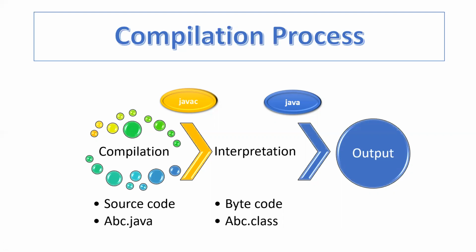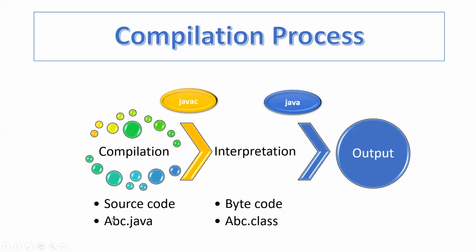When our source code is converted to bytecode, that is compilation, and when your bytecode is interpreted and you get the required result, that means during interpretation your code is executed one by one, line by line. Each line is read and then the execution is done, and you get the required result. The interpreter name is java. So when we have compiled our source file, we get bytecode, and with that bytecode we get our required result.